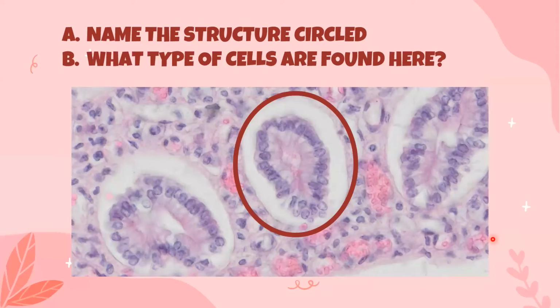You guys know my style by now. We have the circled structure. We want to name it, and then we want to know the type of cells that we have here, and I want you to be as specific as possible. We're almost done. So name the structure circled.